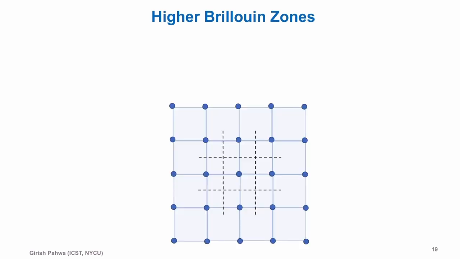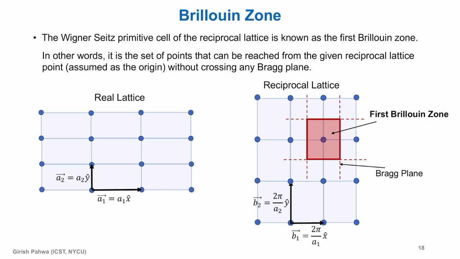So if you have a real lattice like this, the reciprocal lattice will be this. A1 will become B1, 2 pi by A1, and A2 will become B2, 2 pi by A2. It's a simple rectangular lattice, so you can simply take the reciprocals, 2 pi by A. Now, the Wigner-Seitz cell of this reciprocal lattice will look something like this.